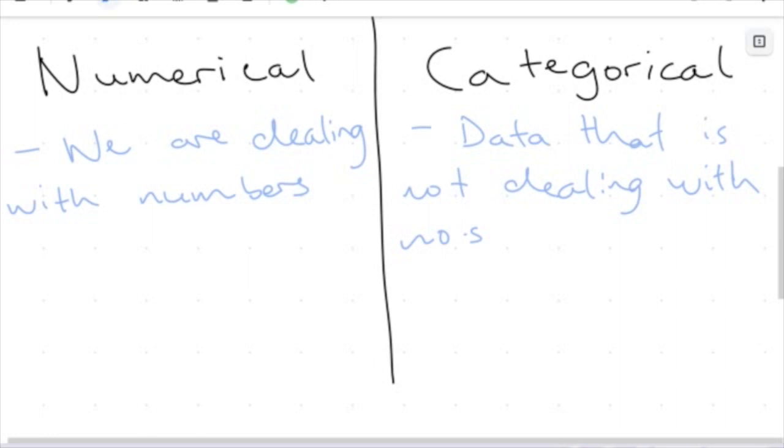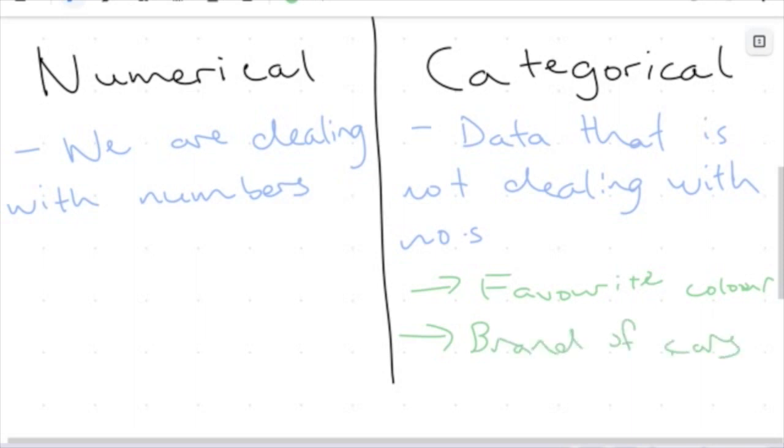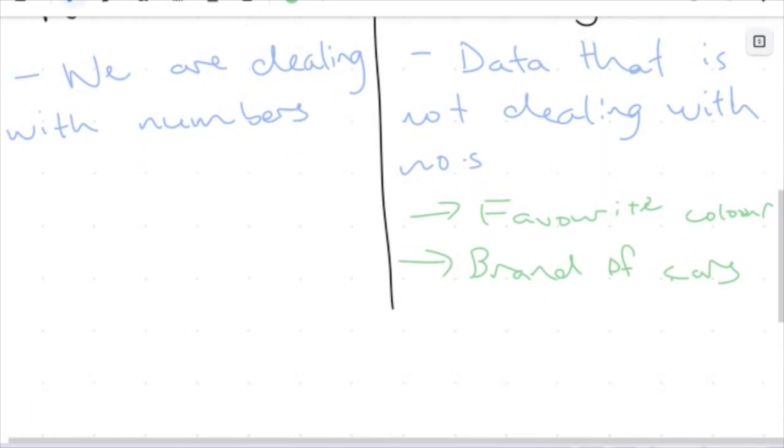So, for example, I would be dealing here with, say, favorite color. Or, let's say, brand of cars. And as an exercise, have a think about a third type that I could add here.